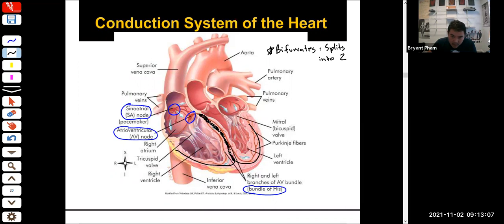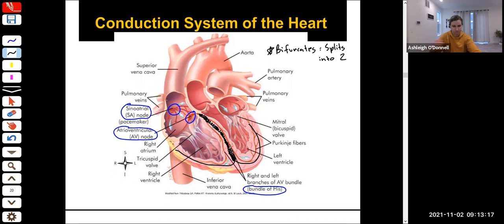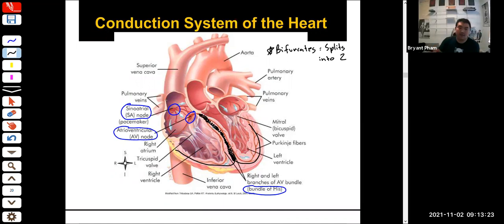Why is it important that we bifurcate instead of just having two separate wires this whole time? Because they need the same start from the SA node so that it all works together. Yeah.